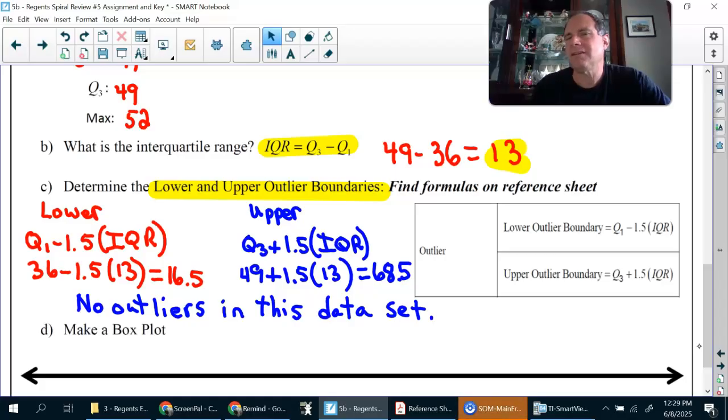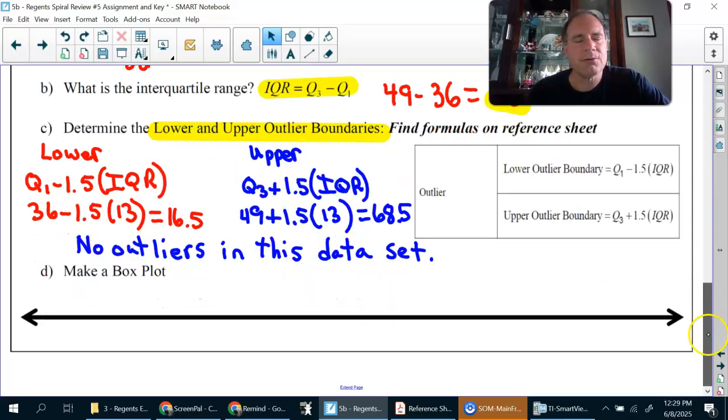If they want you to use them, they'll always tell you. Just remember those are on the reference sheet. So just copy them down, put the numbers into your calculator, get the 5-number summary, and then you figure out the IQR. And that's it.